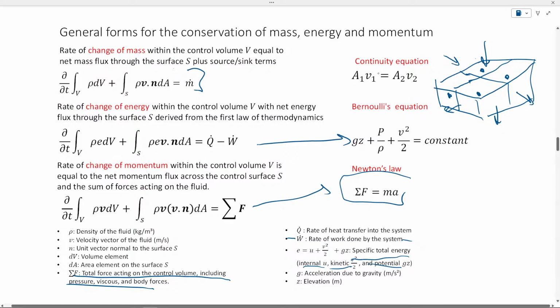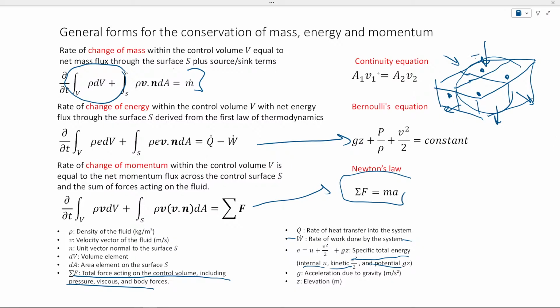I need to know what is happening inside my model, like this term, and what's happening at the boundaries of my model, like this term. And there could also be some source and sink terms, which is this term. So I could have recharge here, for example, or groundwater pumping abstraction, water getting pumped out or water getting recharged. So that's why this equation forms the basis of any modeling application.